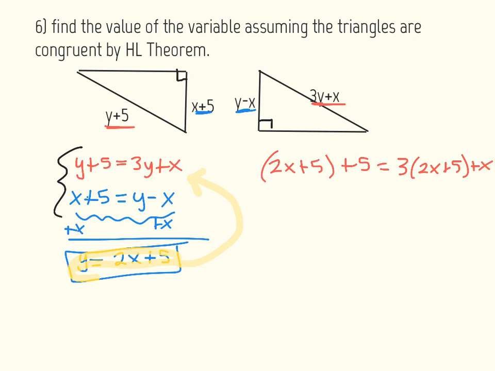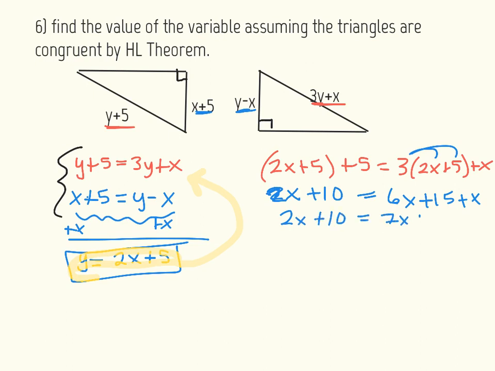I'm going to do just addition on this left side. So I have 2x plus 10 equals, distribution there, 6x plus 15 plus x. So I have 2x plus 10 equals 7x plus 15.